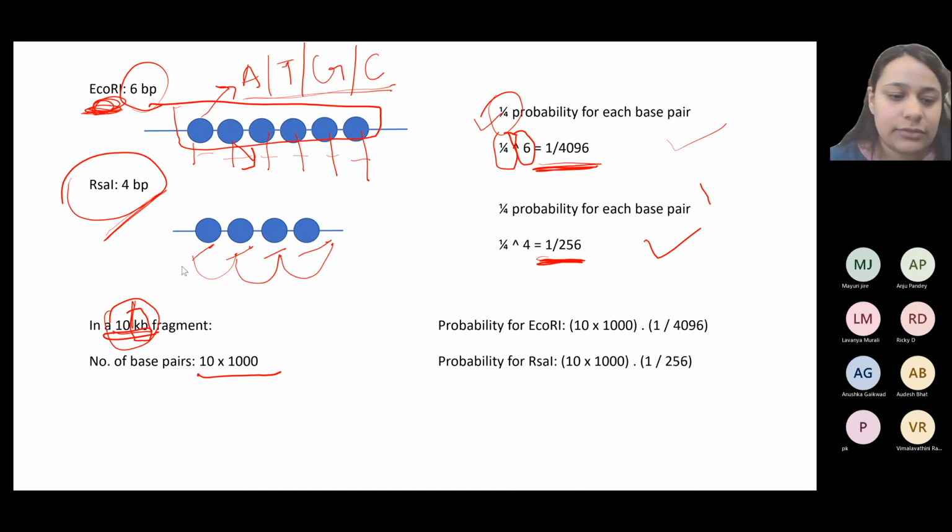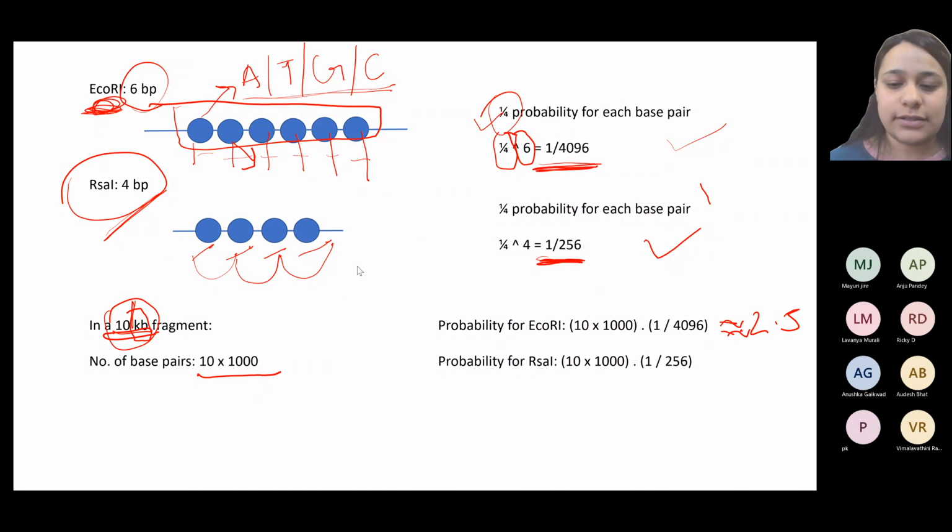I don't think I've actually finally calculated this. Hopefully you can see my calculator on the screen too. So let us do this. 10,000 divided by 4096 is around 2.5.